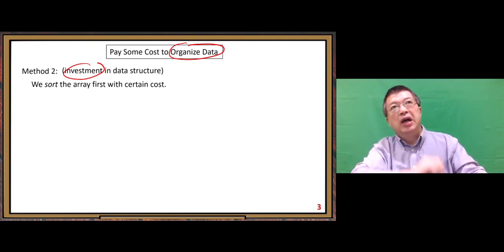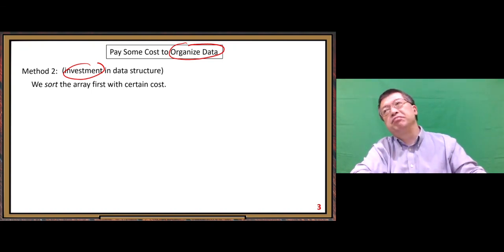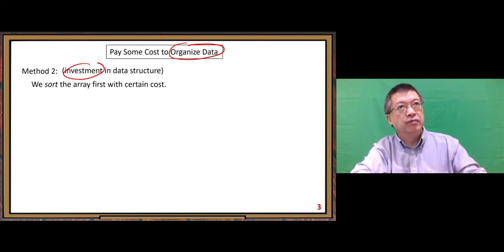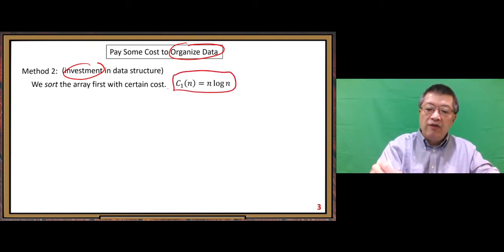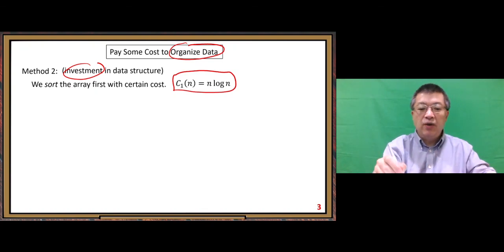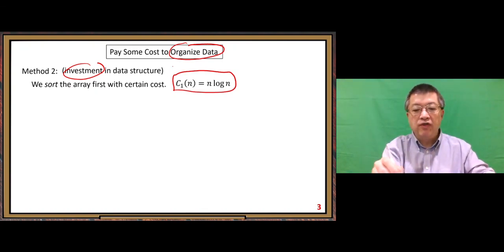Here, I want to use some reasonable sorting algorithm. We haven't learned it yet, so I just give you the result. Later, we will learn that algorithm. That cost is n log n for the worst case, because here we consider the worst case for this step.